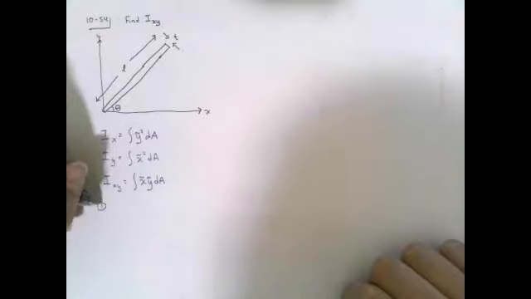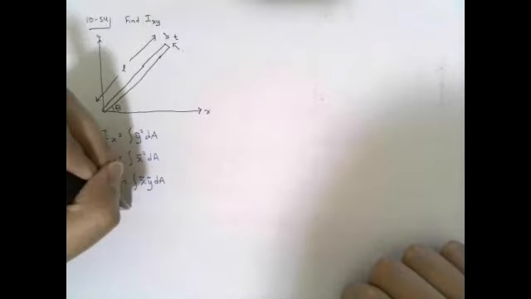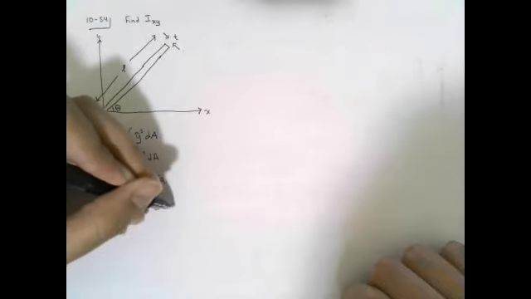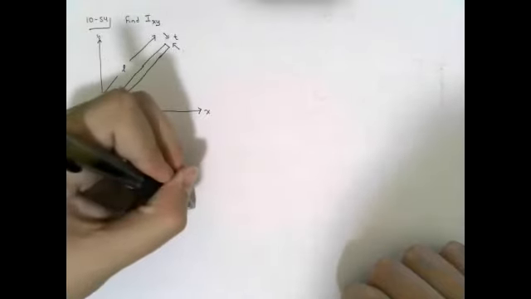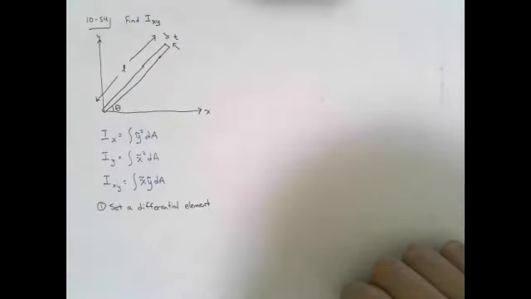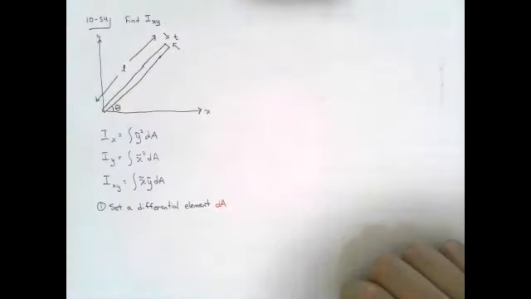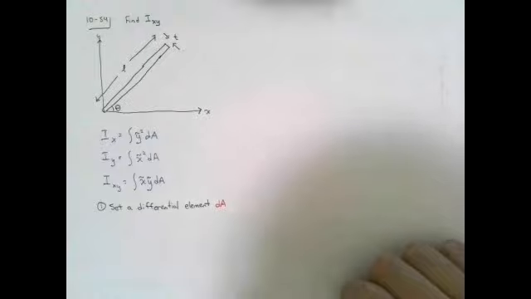So our first step is always to set a differential element. A differential element will be dA, and I can locate that differential element at some arbitrary point x, y.